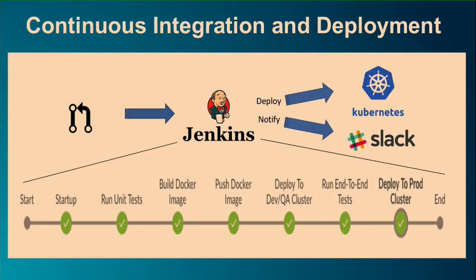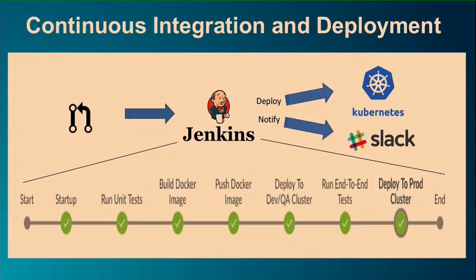Continuous integration and deployment was really an icing on the cake when we were deploying this hub backend system. Jenkins provides a declarative configuration for automating most of the processes. We have Git hooks configured in our repo.